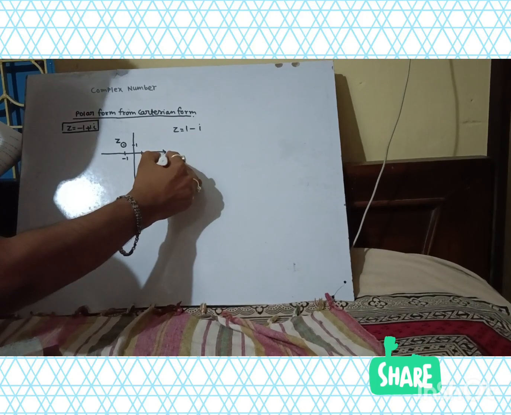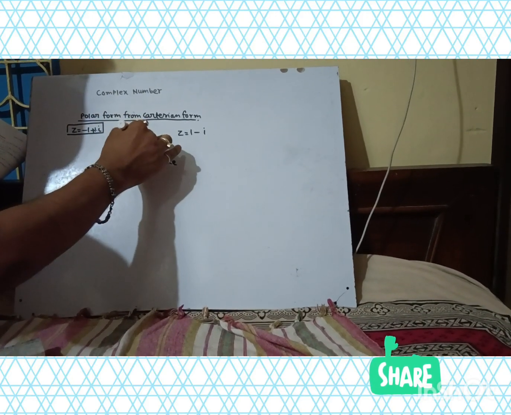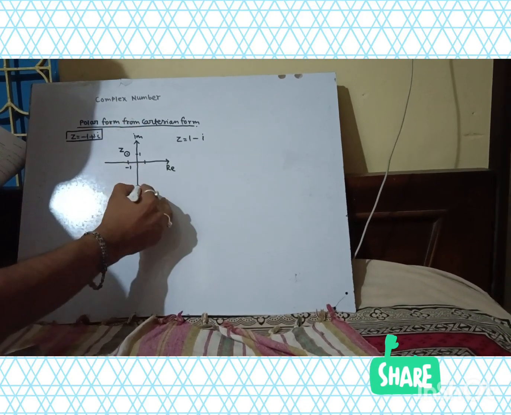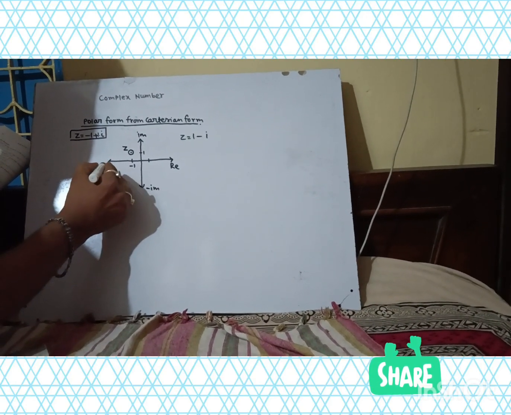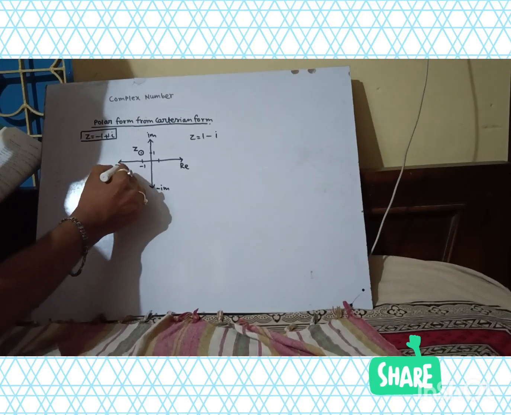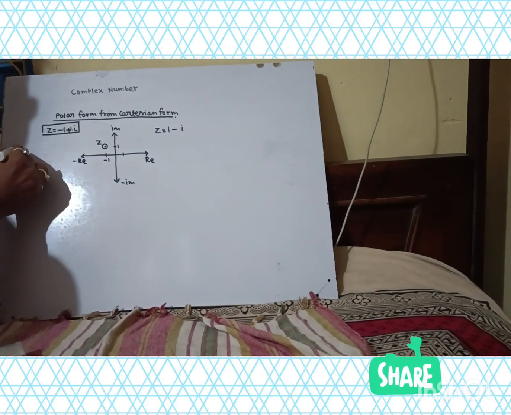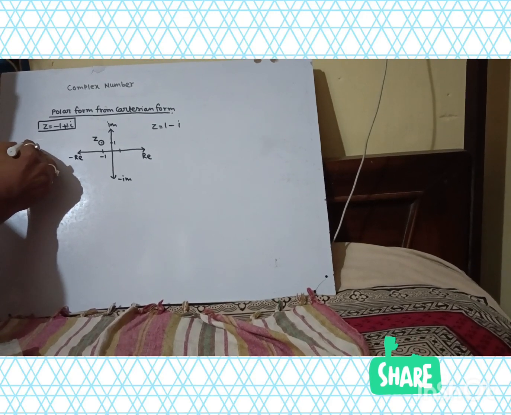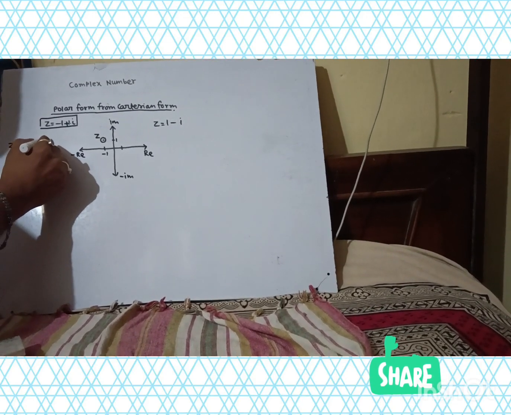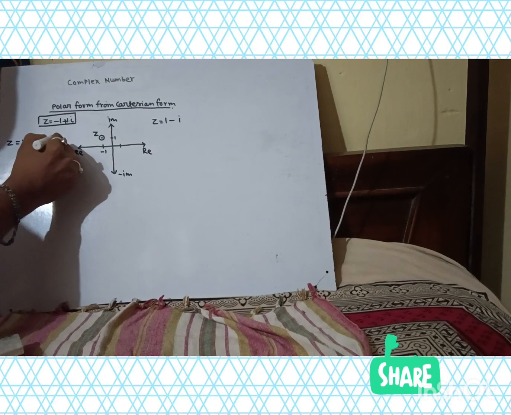It is the real axis and it is the imaginary axis. So it is minus on the real part and plus on the imaginary part. So we write z as z equal to r (cos theta plus i sin theta).